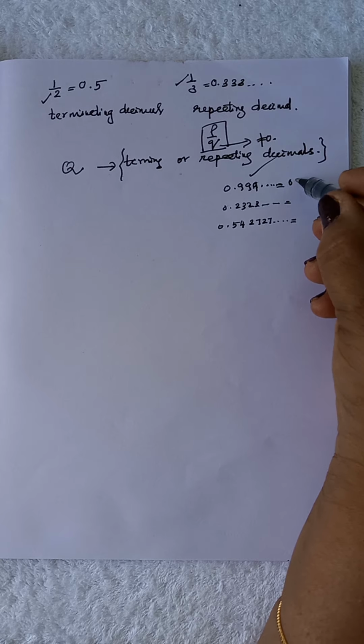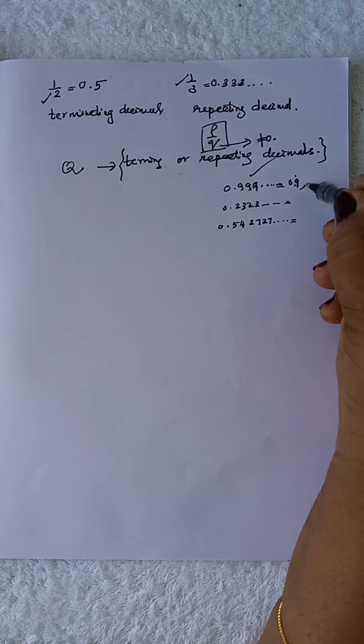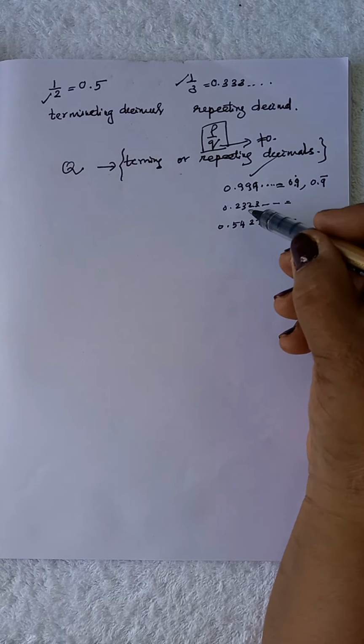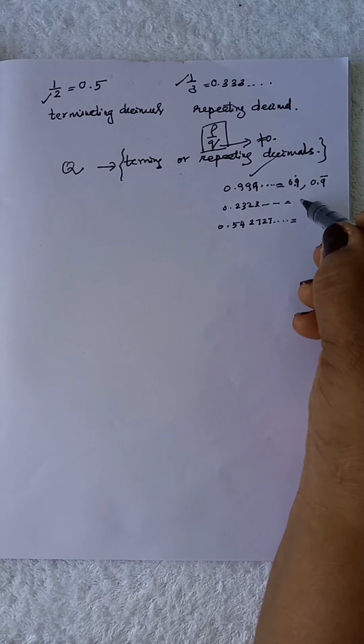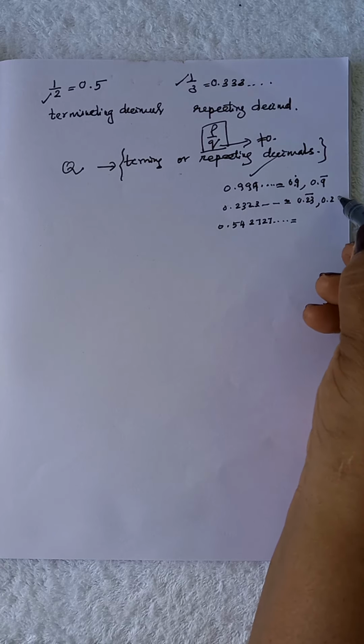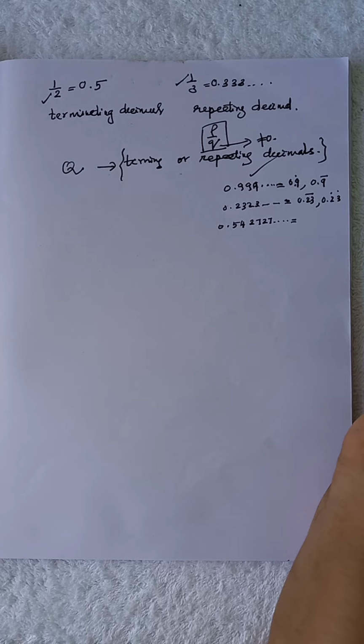You can represent this as 0.9 with a dot above the 9, or 0.9 with a bar. Again, if you have 0.232323 etc., you can represent this as 0.23 with a bar, or 0.23 with a dot above the 2 and the 3 each.